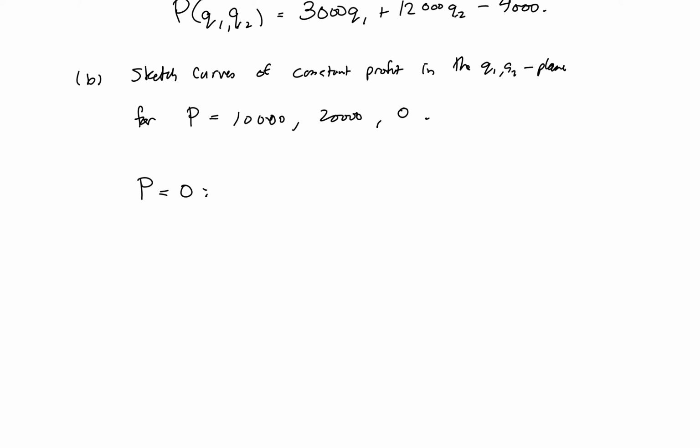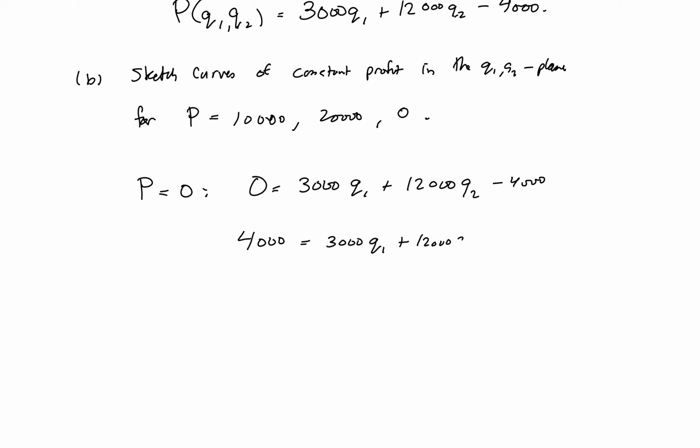So notice if P is 0, we'll start with the smallest one. So this would say 0 is equal to 3,000 Q1 plus 12,000 Q2 minus 4,000, which is the same as 4,000 is equal to 3,000 Q1 plus 12,000 Q2.